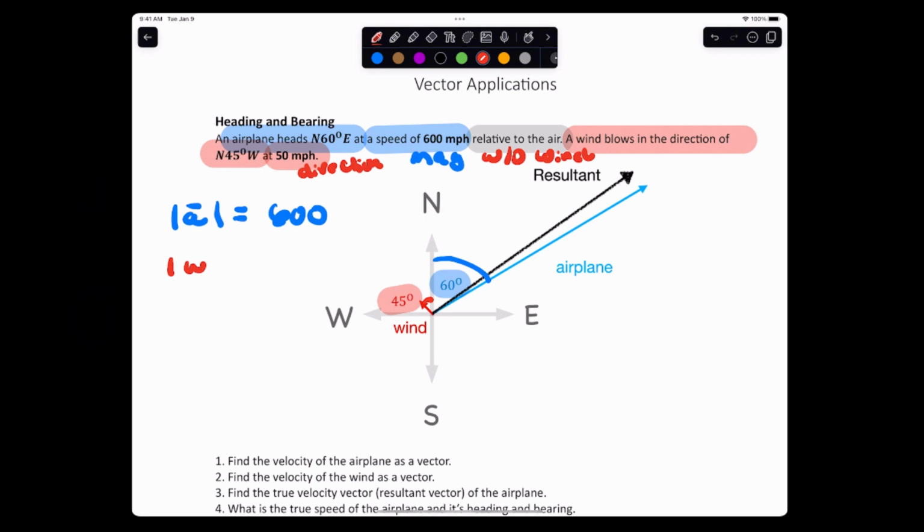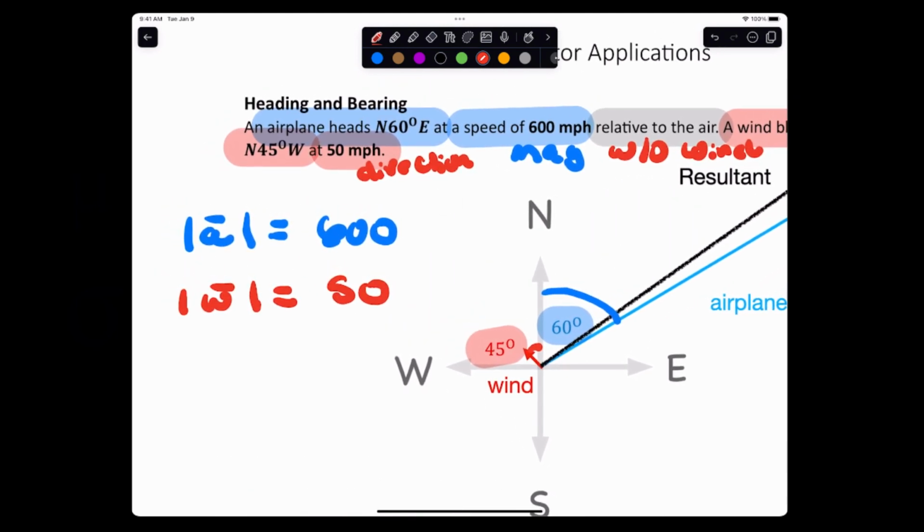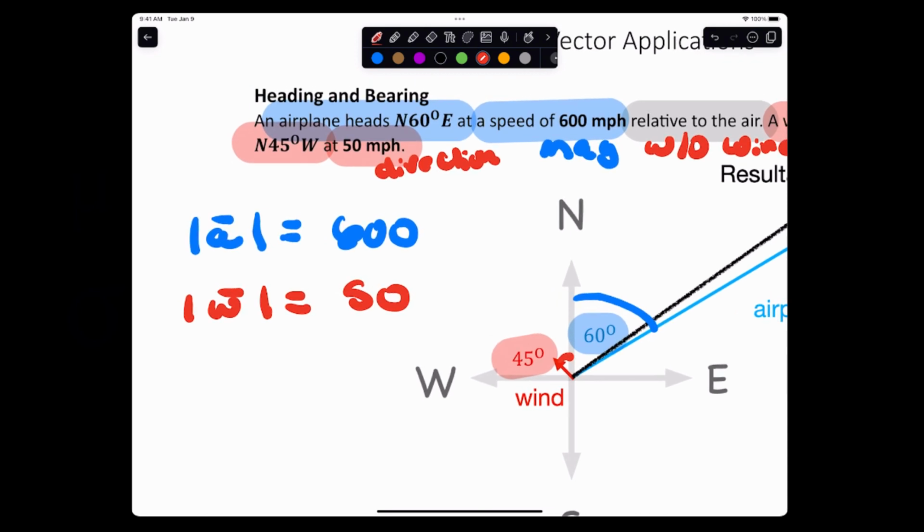The wind vector has a magnitude of 50. That's what they mean when they say 50 miles per hour and 600 miles per hour. A is for the airplane. W is for the wind.